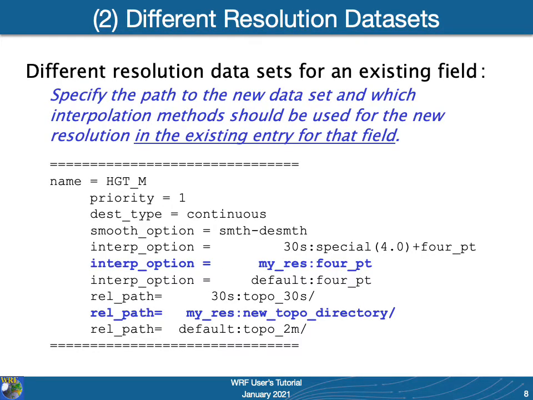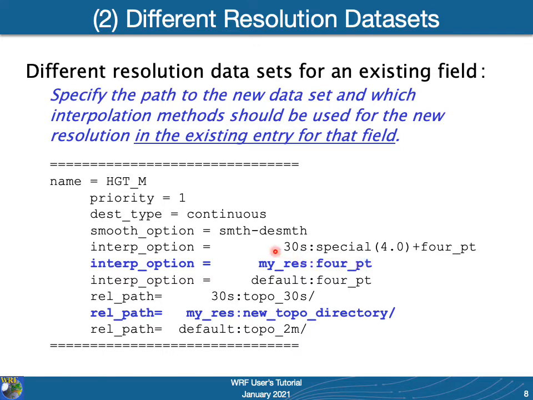If our data set falls under the second class of new data, a different resolution or source that can completely cover our model domain, then in this case what we want to do is to open up the GeoGrid table file and find the existing entry for that field. And to that existing entry, we just need to add two keywords. We need to specify the path of our alternative source of data and how we want to interpolate our alternative source of data.